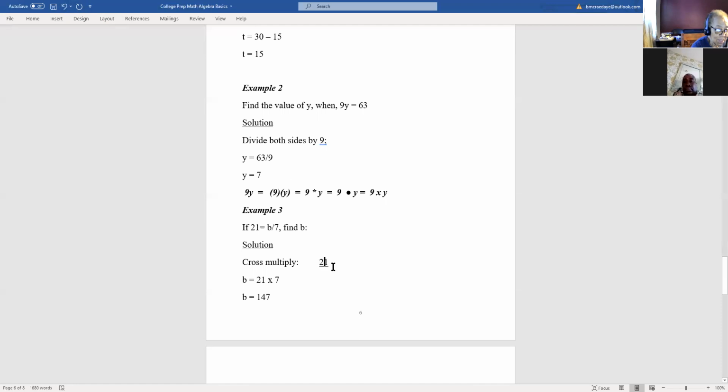That's right. 21 is over 1, so I'll put 1, because 21 over 1 is the same as 21. And that would be equal to what for cross multiplication? Equal to b over 7. That's right.